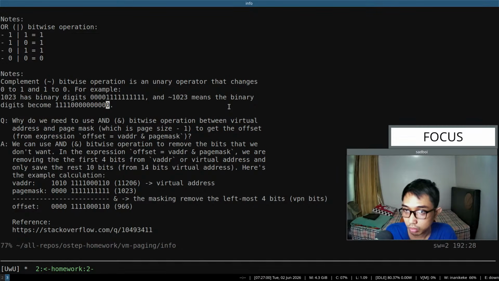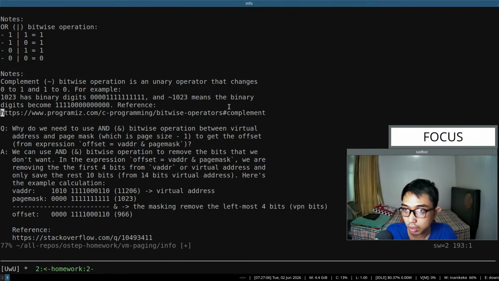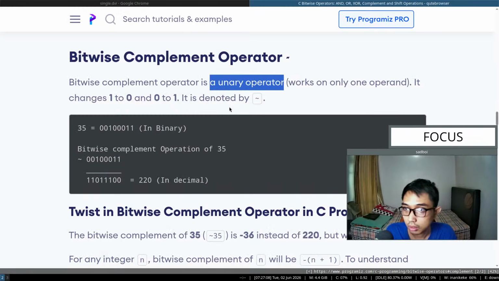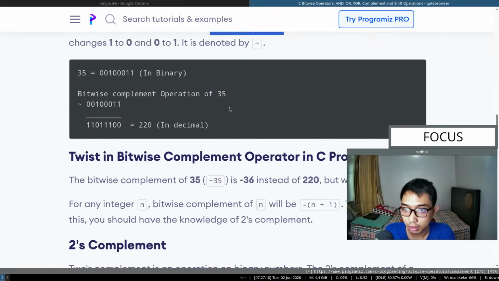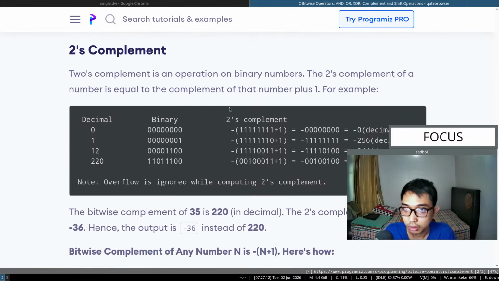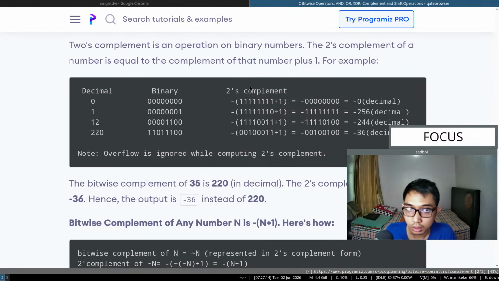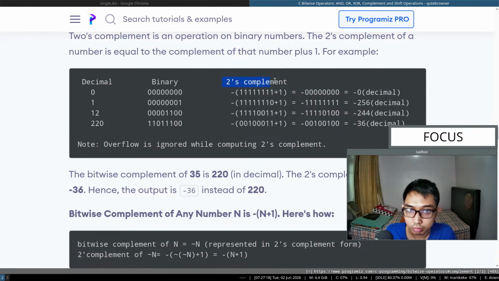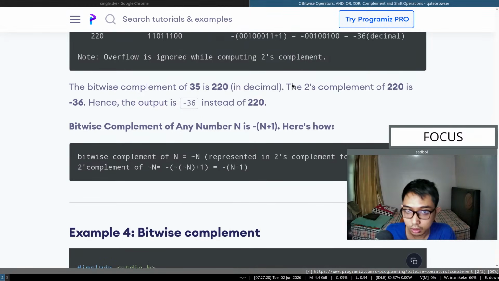Let me put the reference here. That is the complement. Yet there are some multiple complements, I guess.